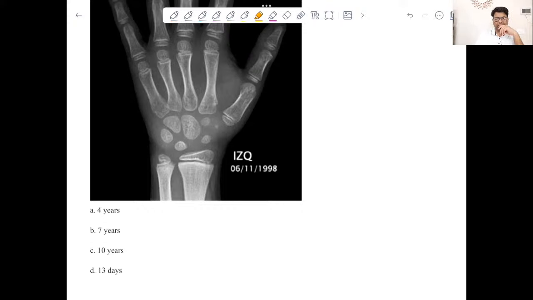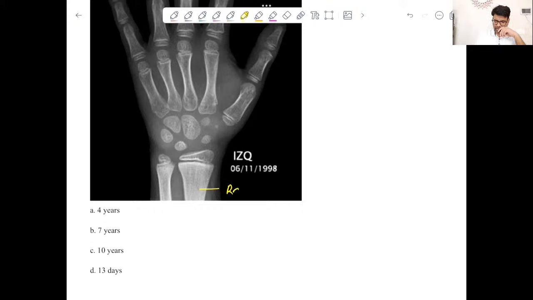Now before answering such questions, the very first requirement is that you should know the time period for ossification of those bones. If you know the ossification centers, it is quite easy to answer. In cases of the wrist, it is even easier, and let me tell you the trick. Firstly you need to identify the bones.